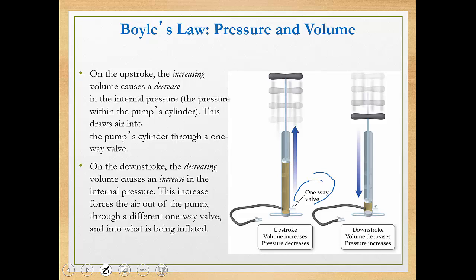It will draw air into the cylinder in order to account for that drop in the internal pressure. And then as you press down, that increases the pressure by decreasing the volume, and then that air is allowed to travel through the hose and into your bicycle tire or whatever tire you're trying to inflate.